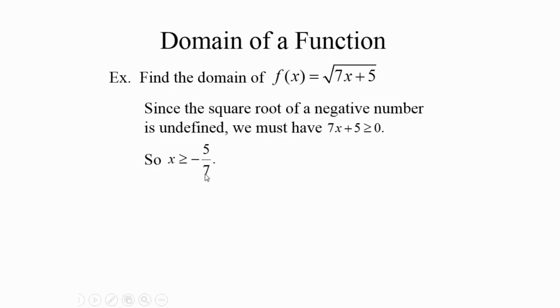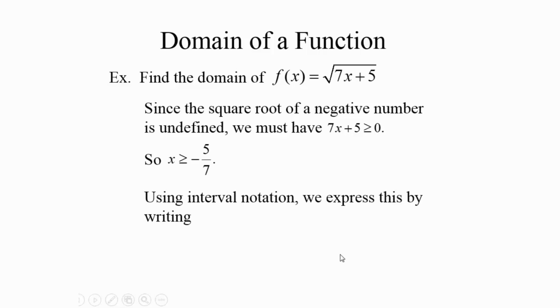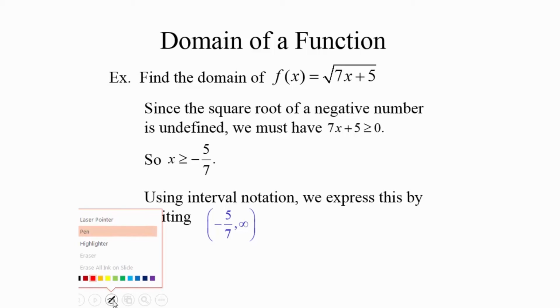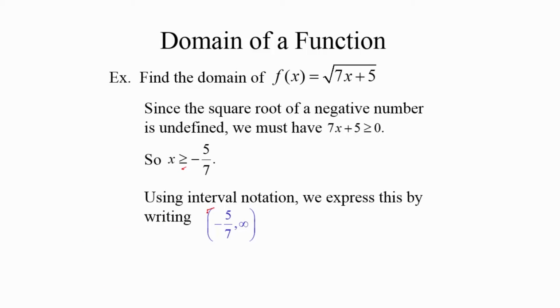Now you solve it. That means x should be greater than or equal to minus 5/7. And using the interval notation, you express this as minus 5/7 to positive infinity, well, it actually has parentheses here. Again, something not right. Since it is equal to, it actually has to be a bracket here.